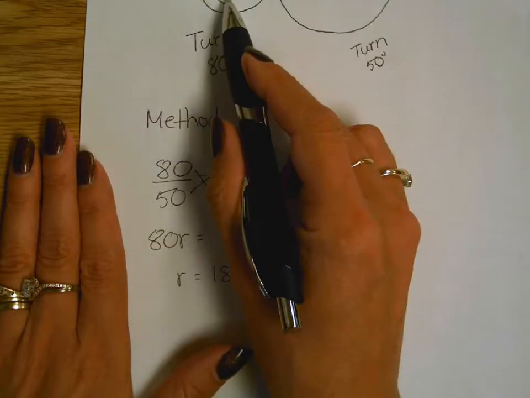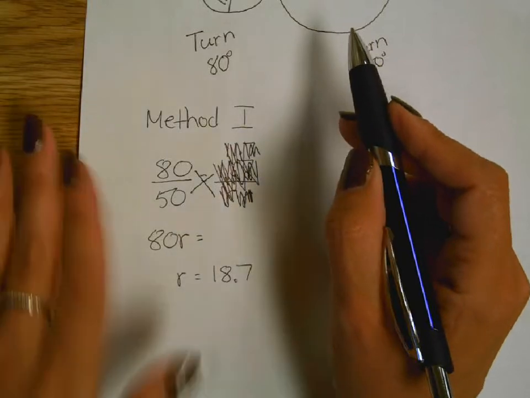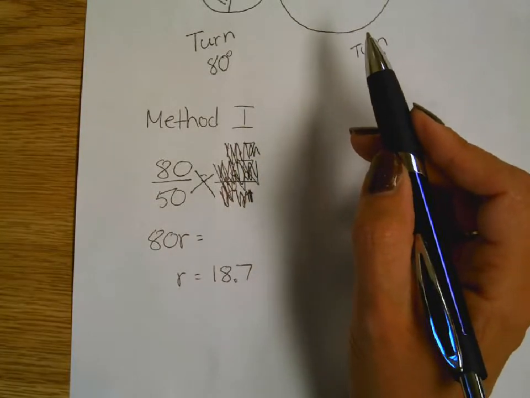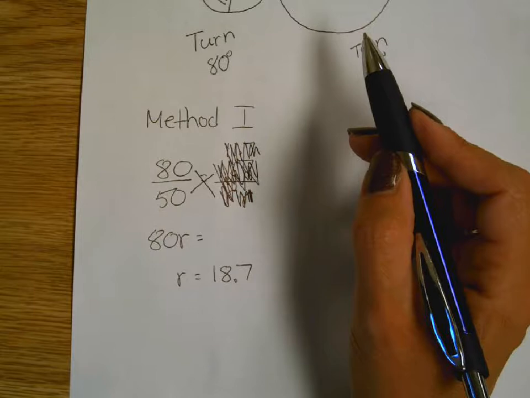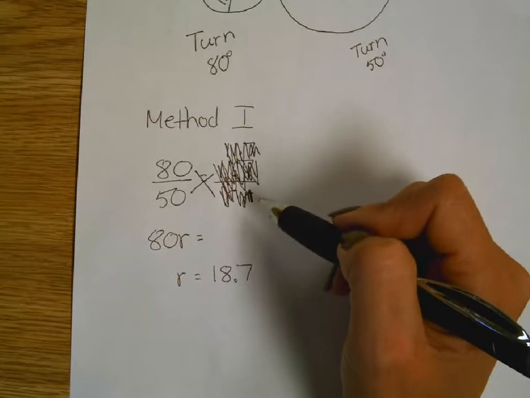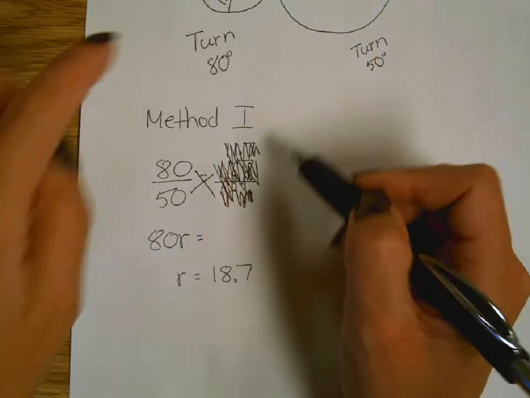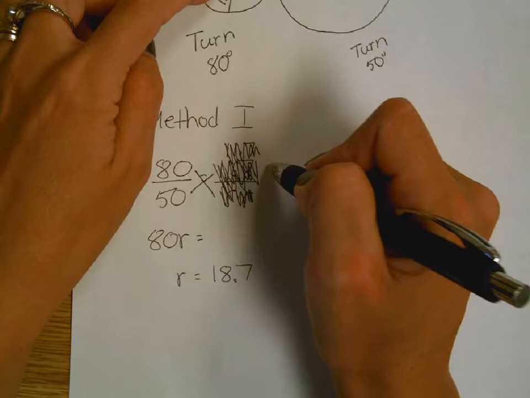The 80 is with the 11.7 though, isn't it? It's not coming out right, is it? So it doesn't really work, does it? No, because the 80 should match with the 11.7.